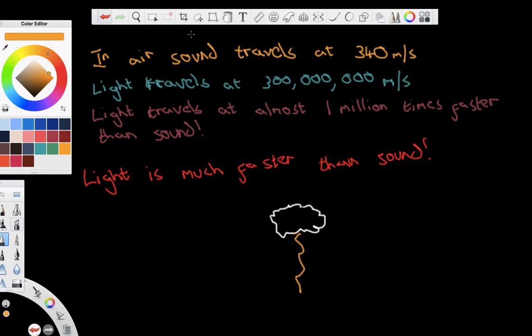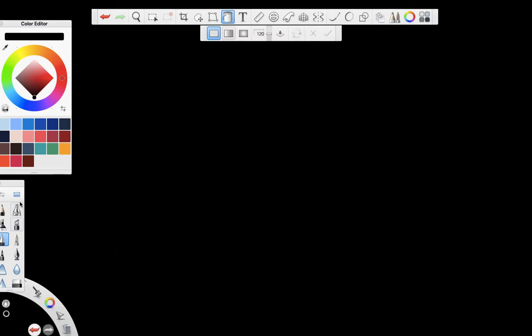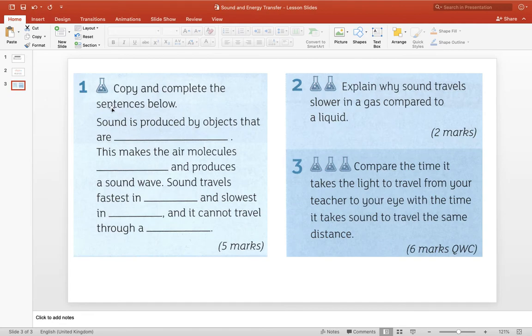Right then, so that's all of our learning objectives covered. What you need to do now is answer some questions so that we can then mark them. So if we just pull up the questions, I would like you to pause this video now and have a go at the questions that are currently on the screen or on the PowerPoint if you've got it open.